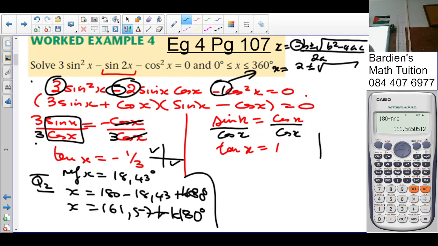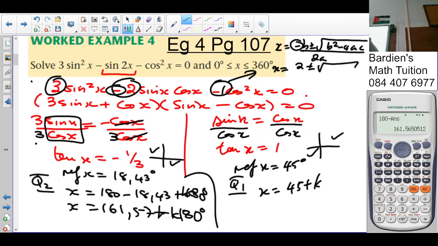Again, we ask ourselves in which quadrant is tan positive. It's quadrant 1 and 3. So my reference x here is going to give you an angle of 45 degrees. In quadrant 1, x is equal to 45 plus k times 180. If you're going with quadrant 3, it's going to be 180 plus 45, which is 225, plus k times 180.